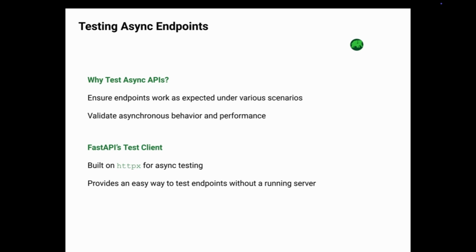The cool part is FastAPI's test client works seamlessly with async code, so you can test your async endpoints just like any other endpoint. The test client makes writing tests for async code super easy because it handles the async calls behind the scenes and allows you to run tests synchronously.